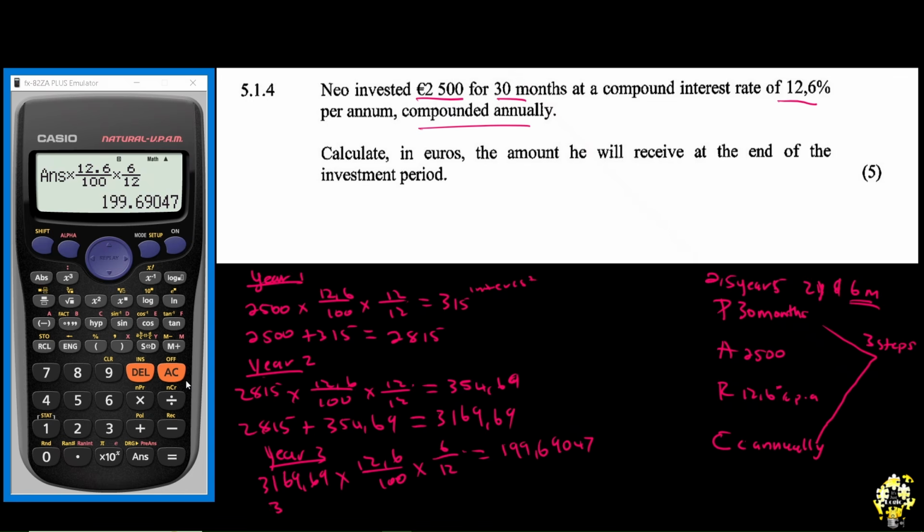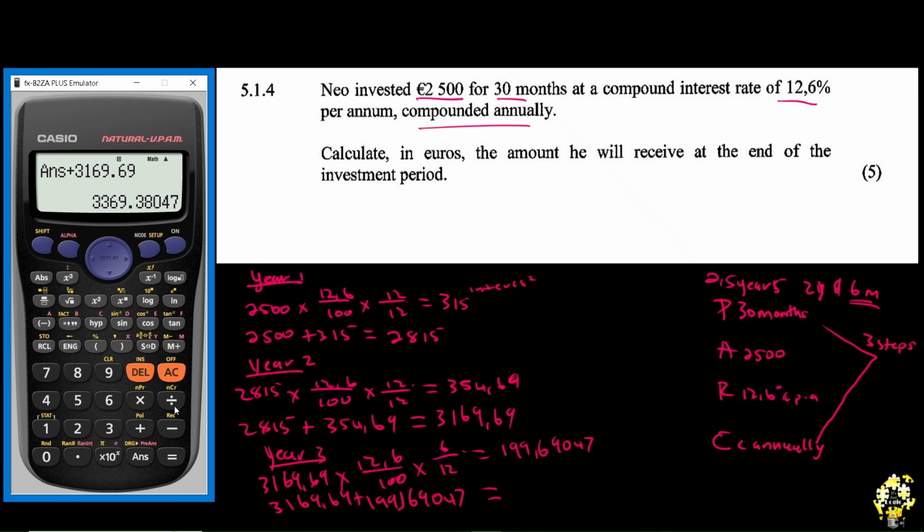We are supposed to say 199.69047 plus 3,169.69.